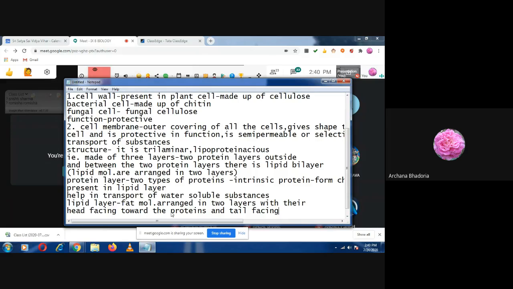So that diagram you all make it. That is important. So now you can see that all have noted this much.